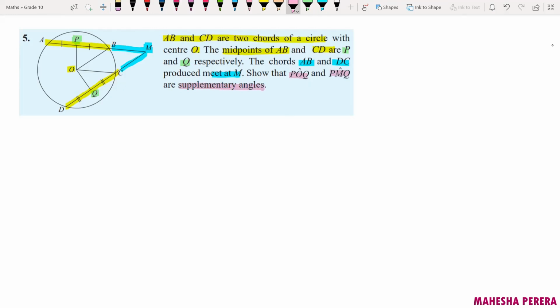Right, where are these 2 angles? Angle POQ, here, this one. PMQ, here. So we should prove that these 2 angles are supplementary angles.